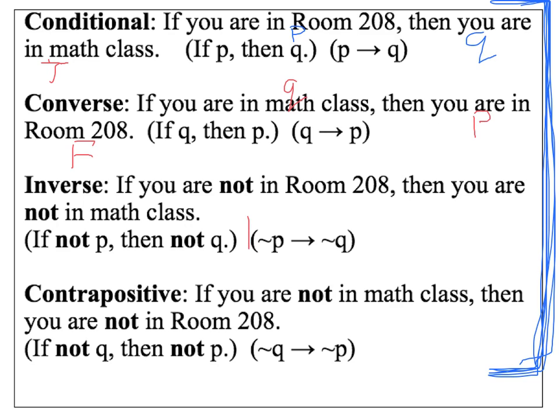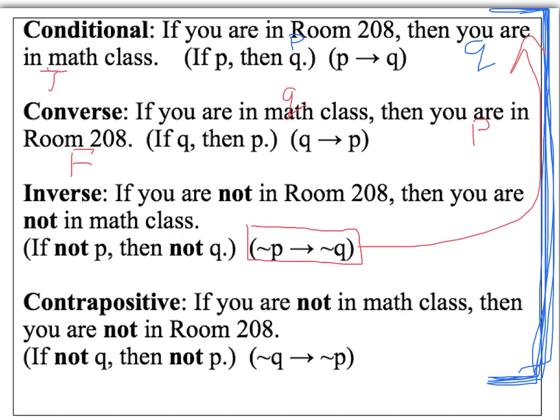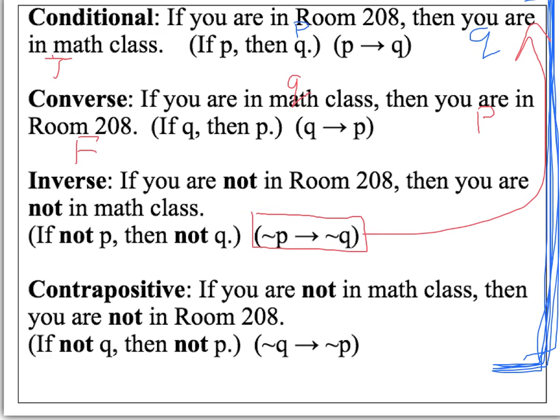For inverse, it has if not P, then not Q. So I look back at my original conditional statement. It says if you are not in room 208, then you are not in math class. This would also be false because if you're not in room 208, you could still be in math class. My room is 222.